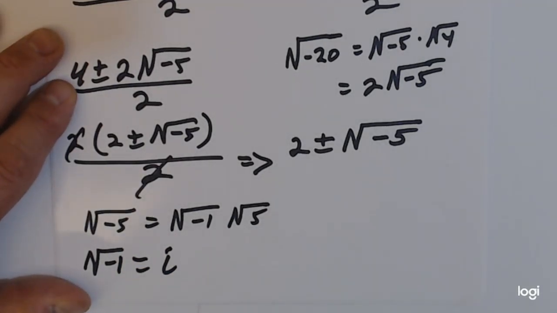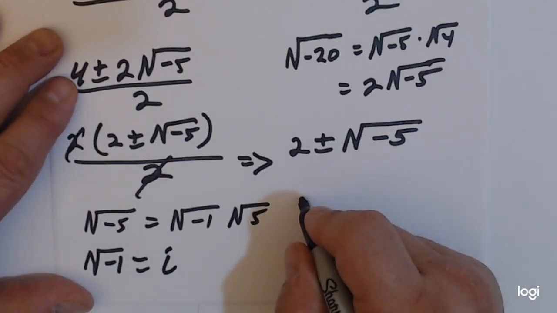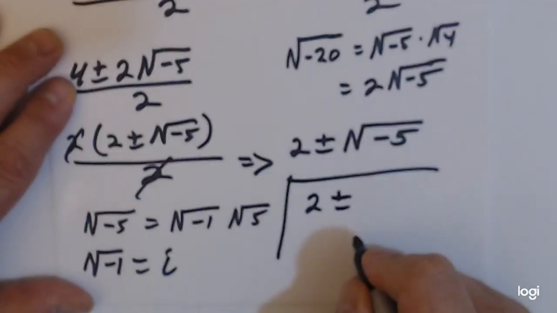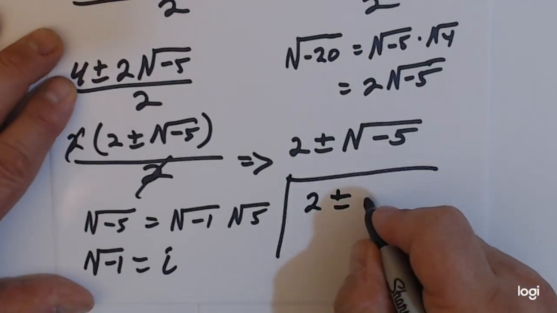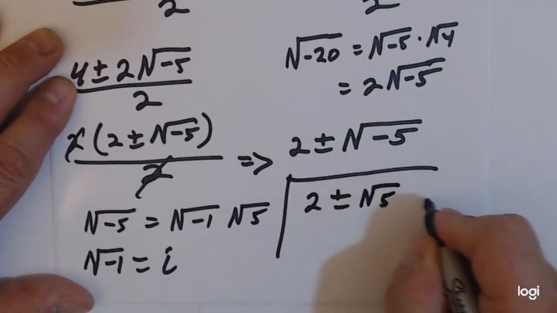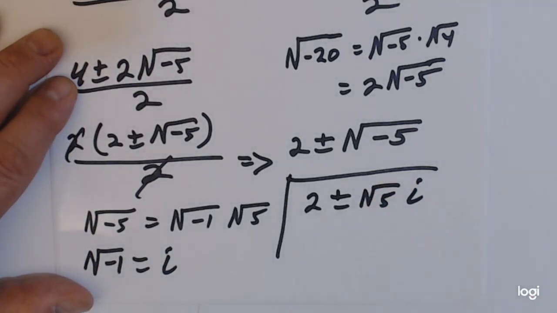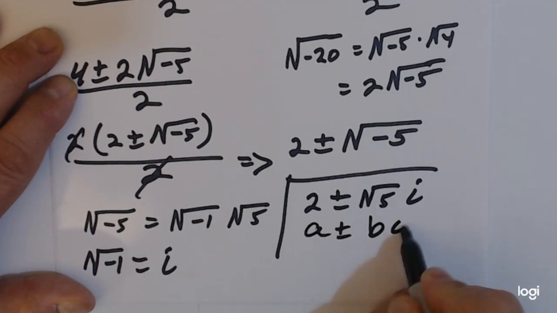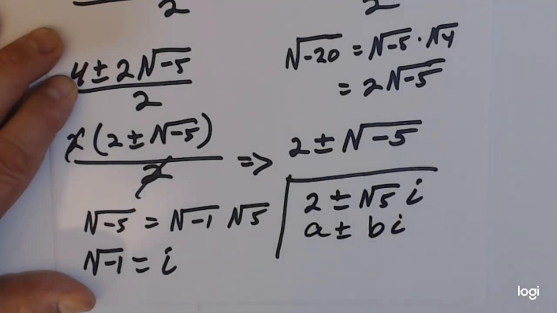So this solution is 2 plus or minus the square root of 5 i, which is in a plus or minus bi form, which is the way we write a complex number.